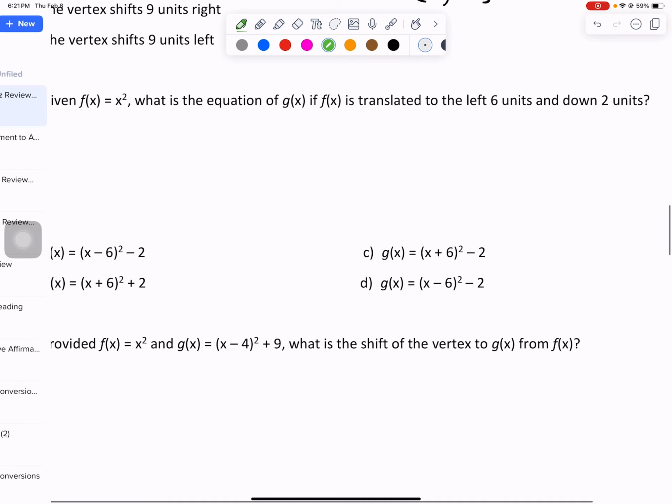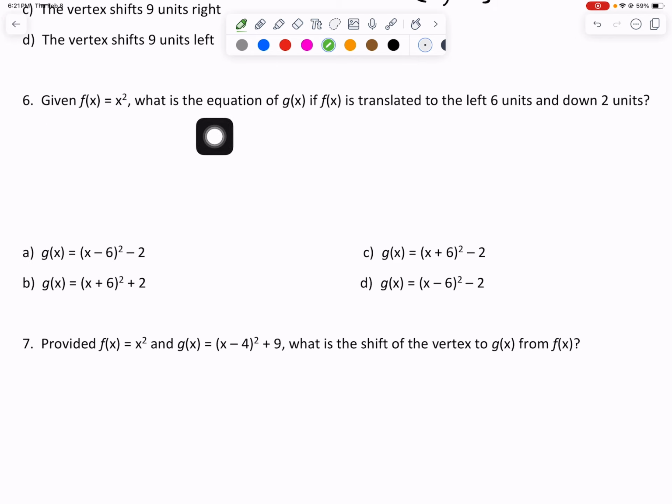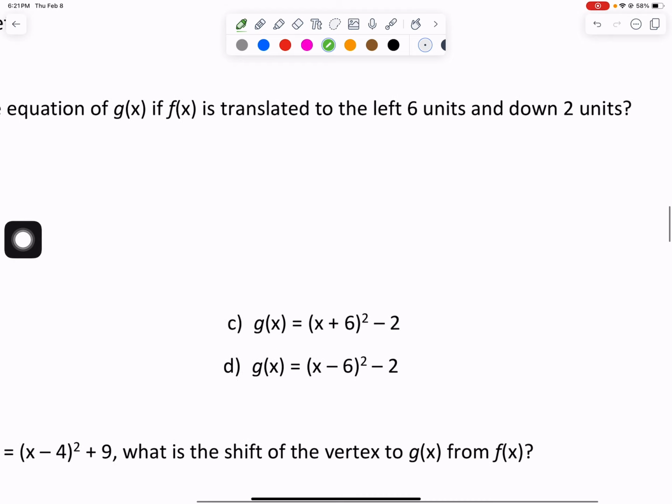All right, so given f of x equals x squared, what is the equation of g of x if f of x is translated to the left 6 units and down 2 units? What I like to do is simply pull our wording out and write it as coordinates. So I'm going to go left 6 units. Let me open up here, and I'll close here, and I'll do a comma here.